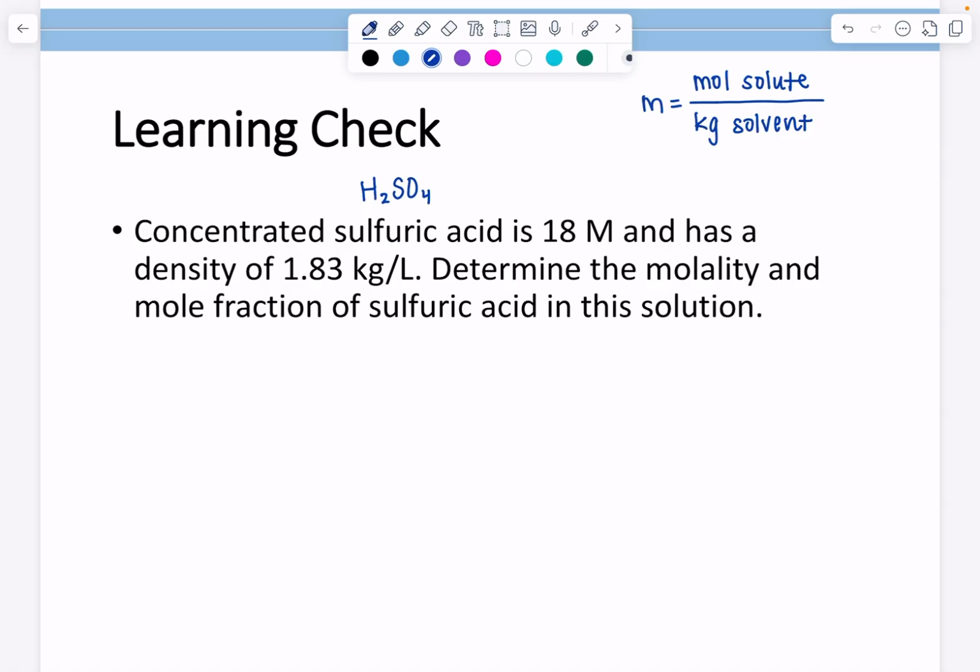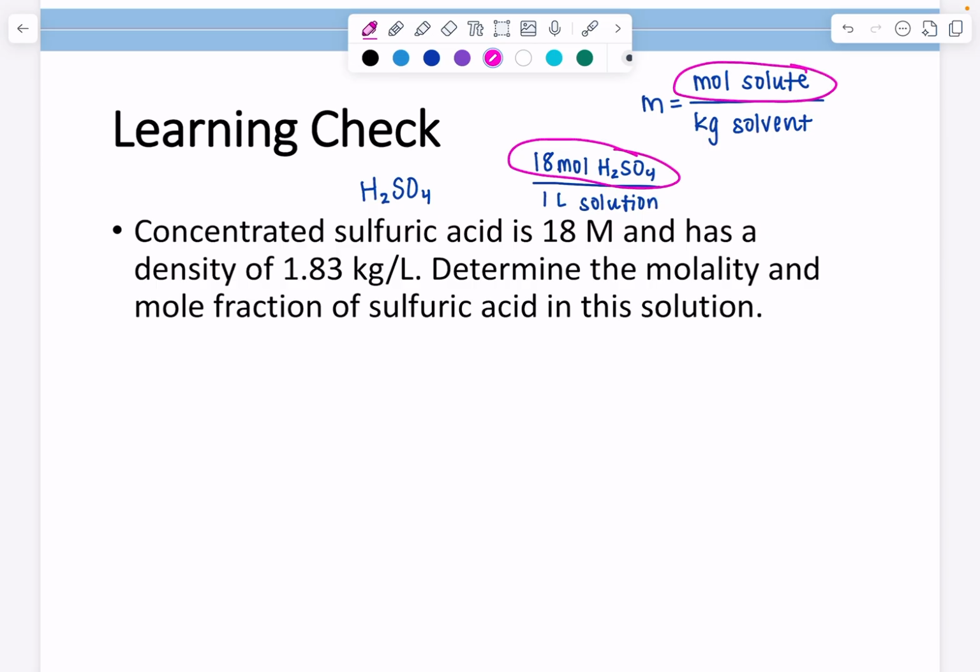So we need to somehow find moles of solute, which is sulfuric acid. We actually already have that with the molarity. So this is our moles of solute, 18 moles there.